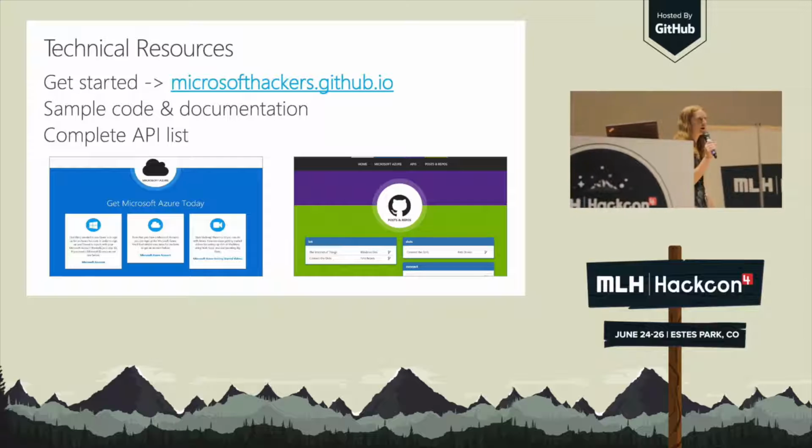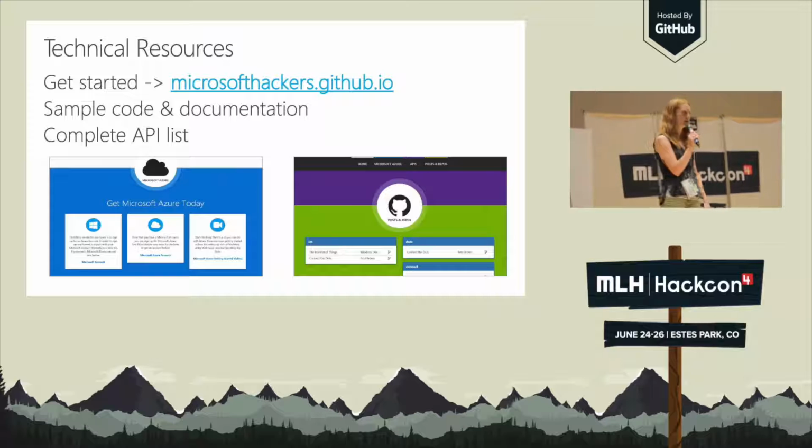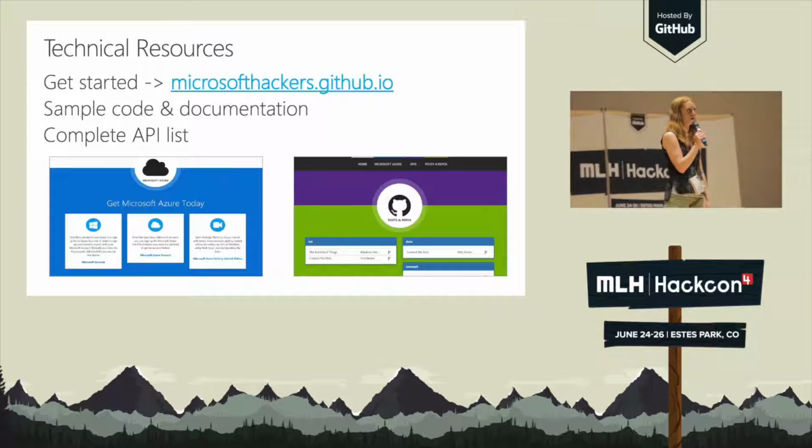First off, when we come to hackathons, we bring our technical evangelists. I don't know how many of you have met a technical evangelist, but we have a ton all over the US, like Yesenia said. They put together this awesome GitHub site that has a bunch of resources for all students. It's microsofthackers.github.io. You can check out a ton of different resources, including how to get started on our cloud platform, Azure.